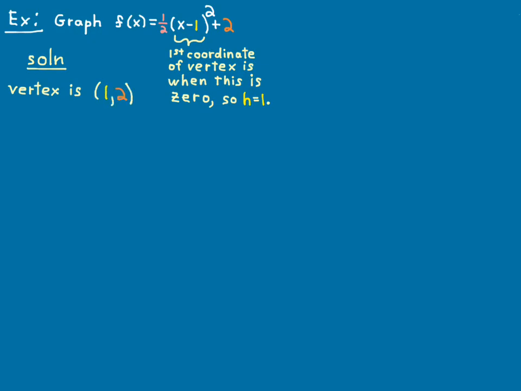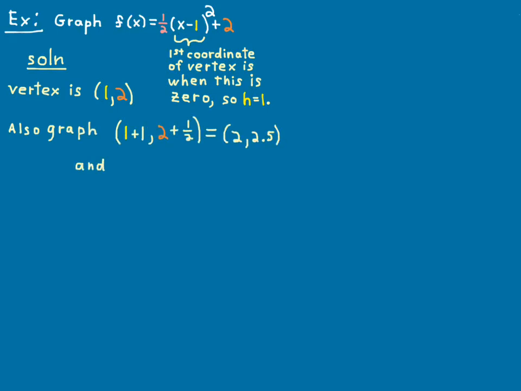And then the second is 2, because if you plug in 1 in here, you get 0. Squared is 0, times 1/2 is 0, plus 2. So when x is 1, y is 2, and the vertex is a point on the parabola, so it has to be (1, 2).